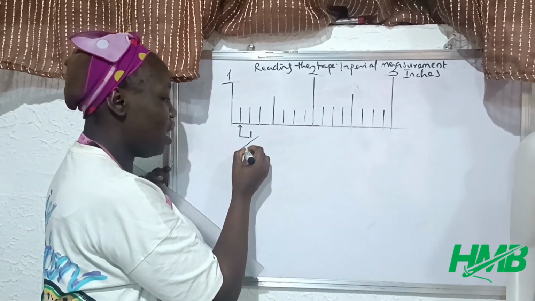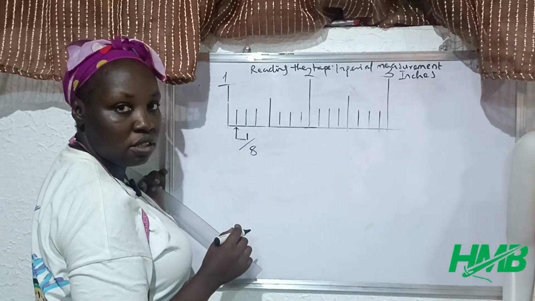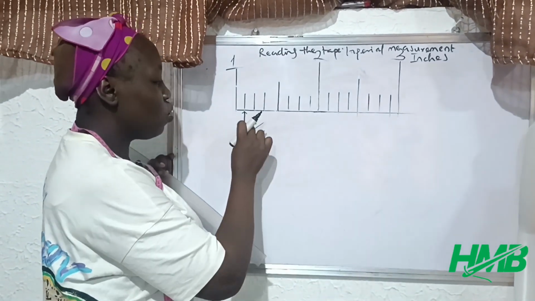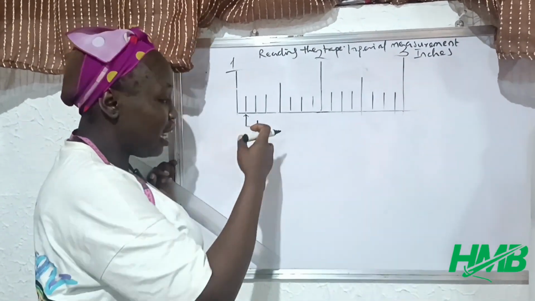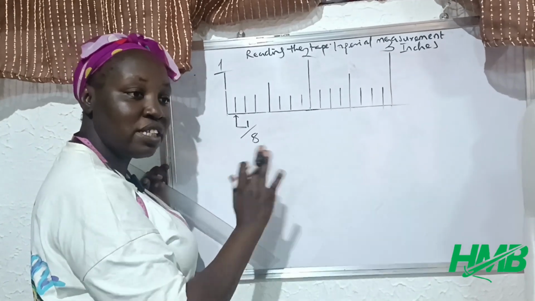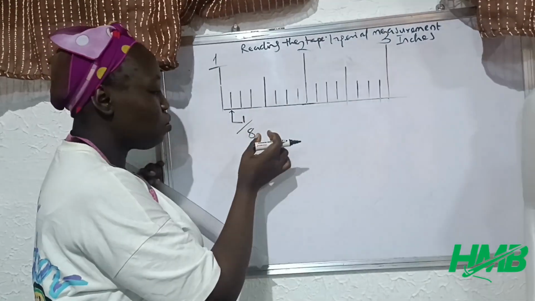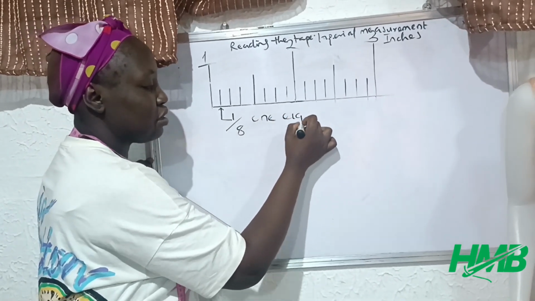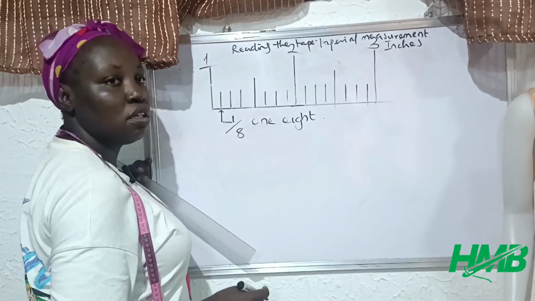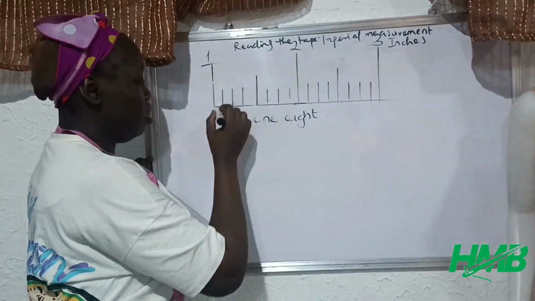Over 8. 1 over 8. Do you understand? So that is why it is 1 over 8. In fraction, there is nothing that can divide this. That's the lowest fraction. So we leave it as 1 over 8. So we call it what? 1/8. Exactly.